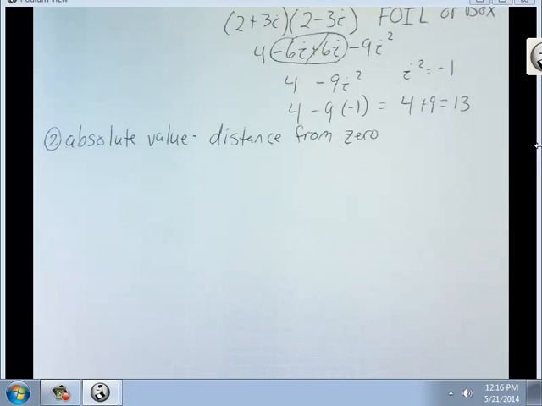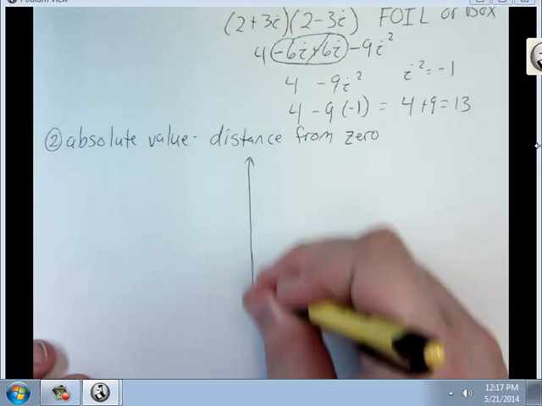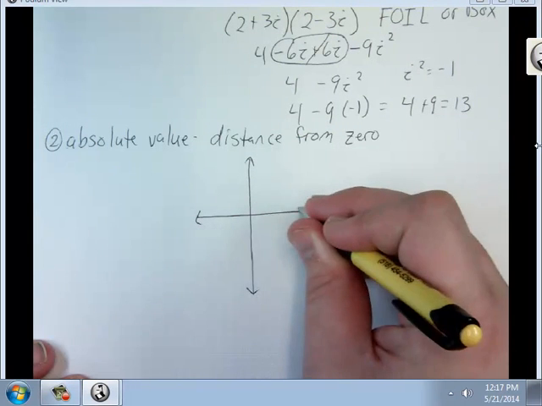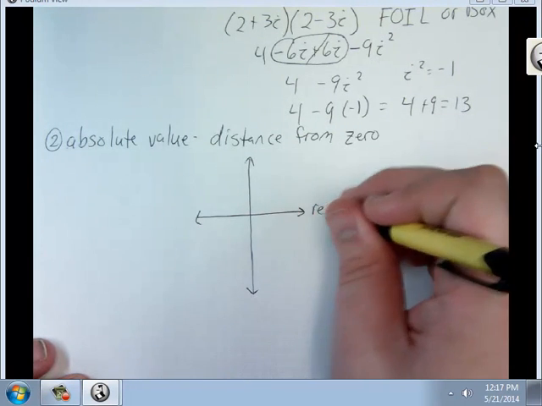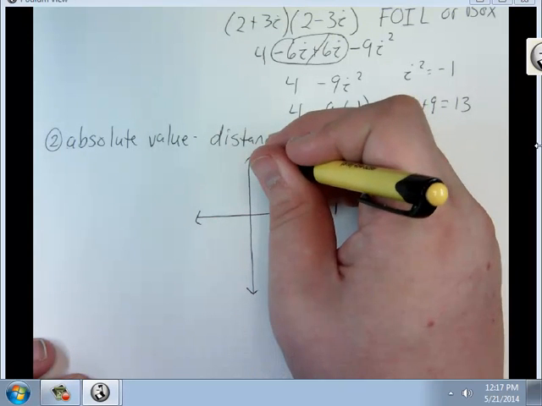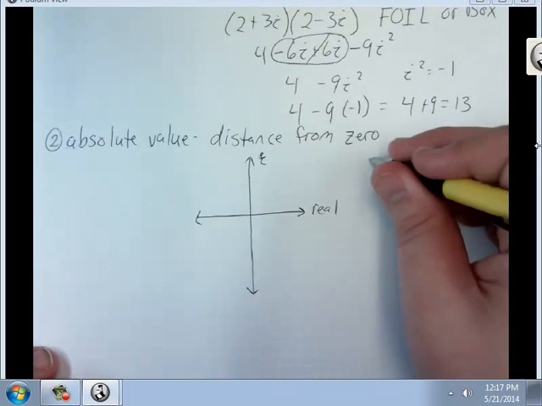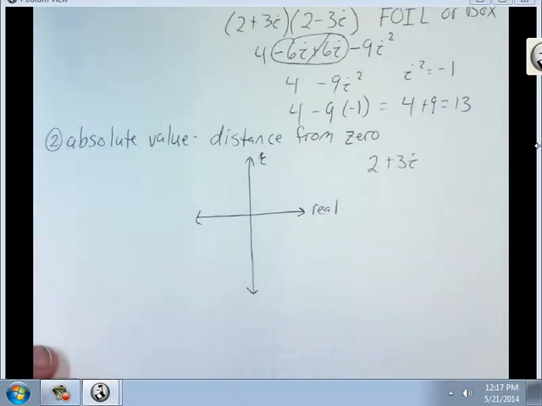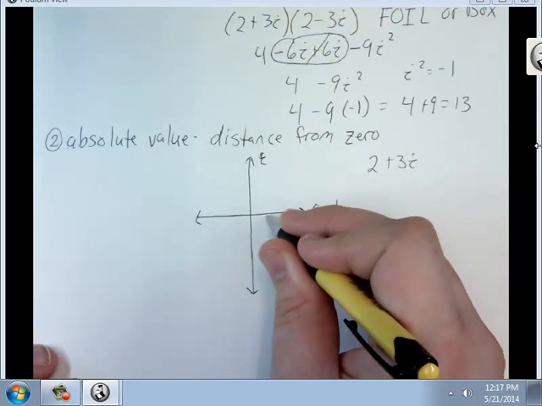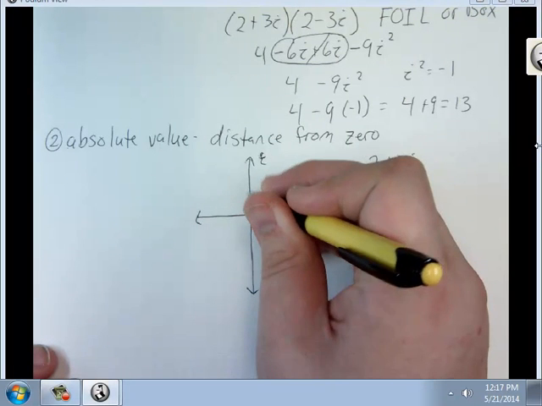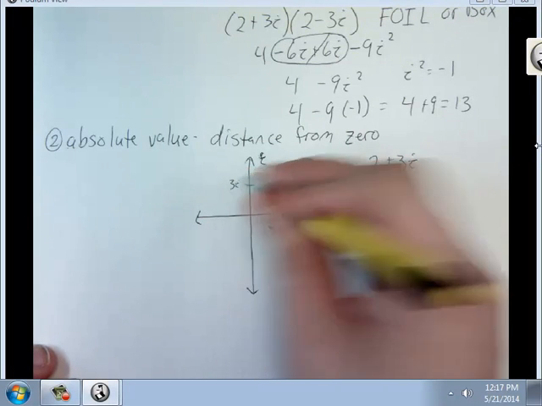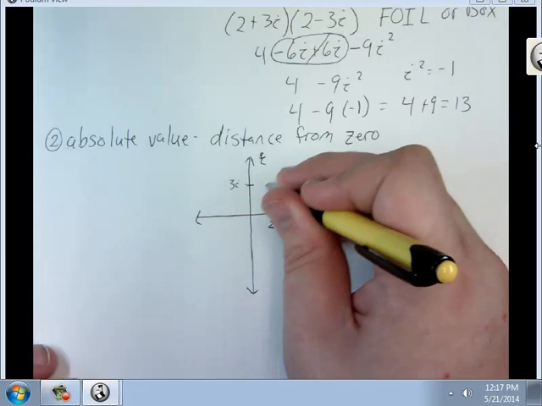And I gave you a quick drawing of the graph. Here's the real axis, and there's the imaginary axis. If you were to graph 2 plus 3i, you go over 2 and up to 3i. And it would look like this.